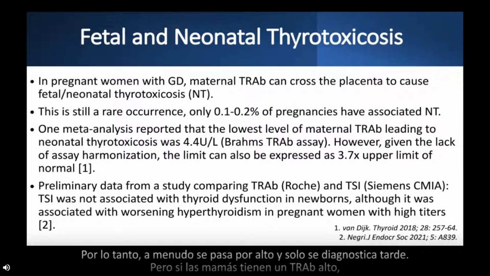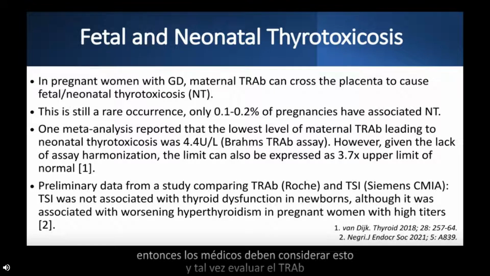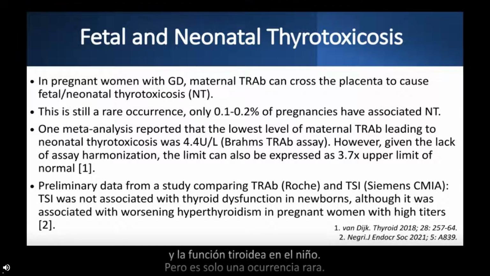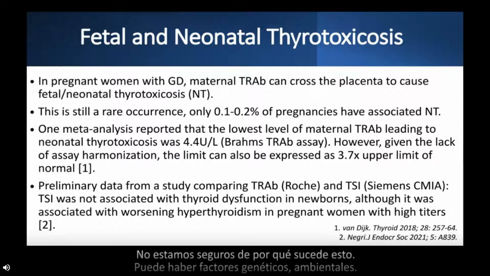So it is often missed and only diagnosed late. But if mummies have a high TRAB, then the doctor should consider this and maybe evaluate the TRAB and thyroid function in the child. But it's only a rare occurrence. We're not sure why this happens. Some genetics, some environmental factors.